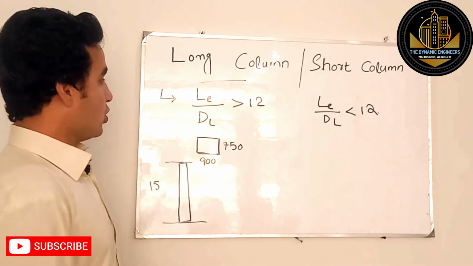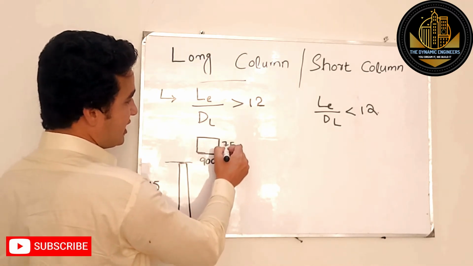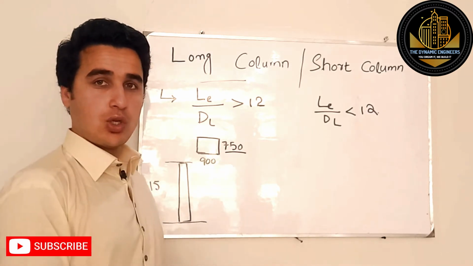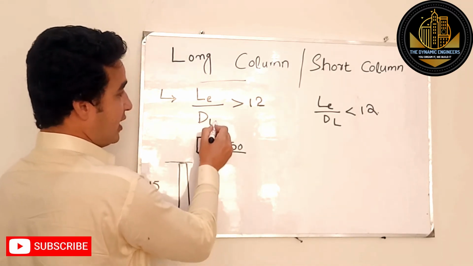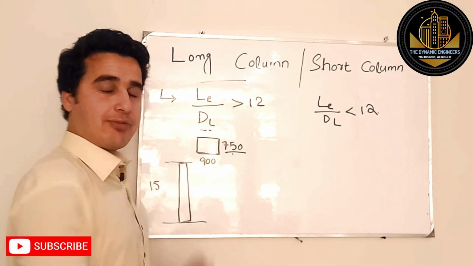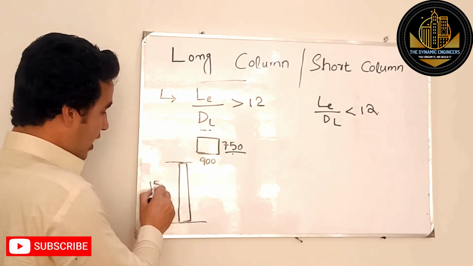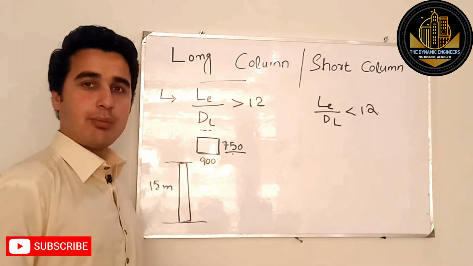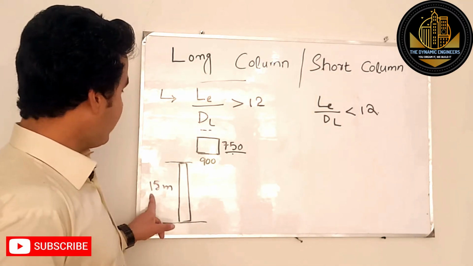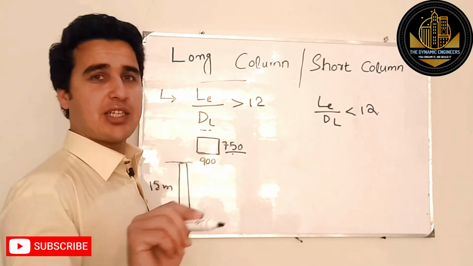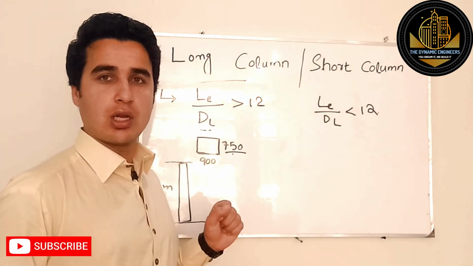Okay, so here if you look at this, the least dimension in both of these is 750 millimeter. So we will be considering this least dimension, 750 millimeter, and this is the effective height, that is 15 meter. So if 15 meter divided by 750 millimeter is greater than 12, then it is a long column.